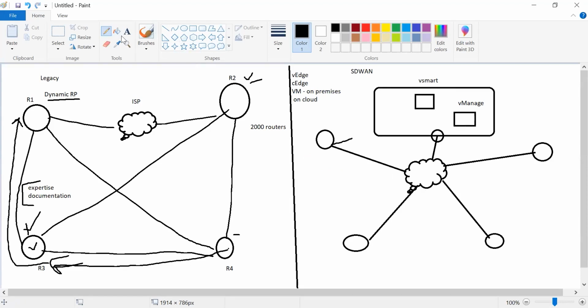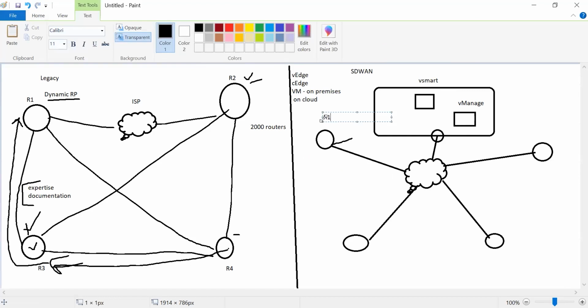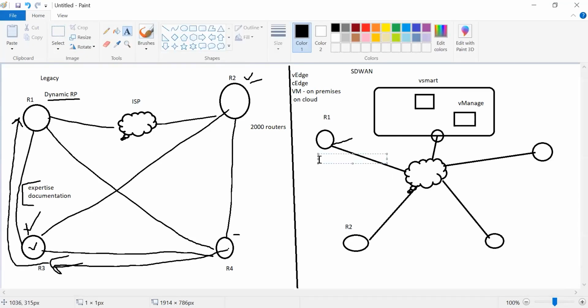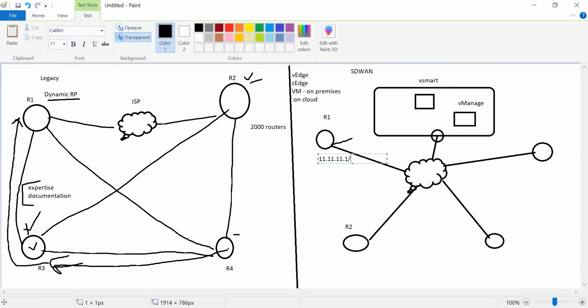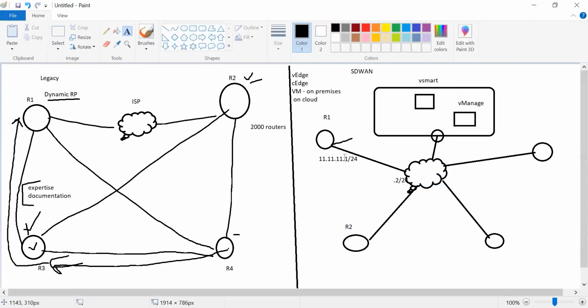If this is my R1, this is R2, for example, if I'm having IP address here 11.11.11.1, and let's suppose .2/24, right? So this 11.11.11.0/24 would only be required to be exchanged using any protocol with other sites, just for the sake of IP reachability.